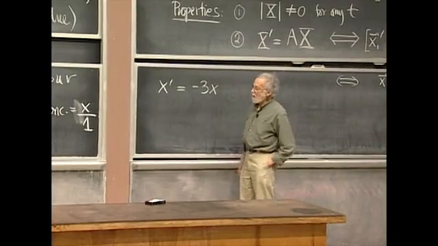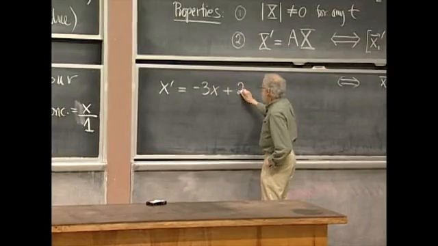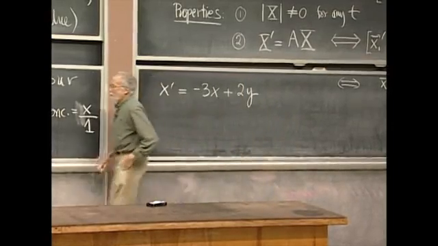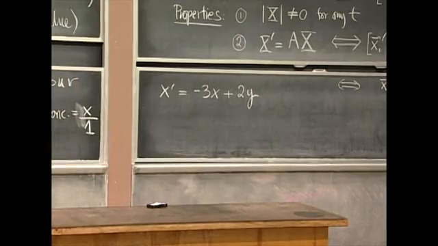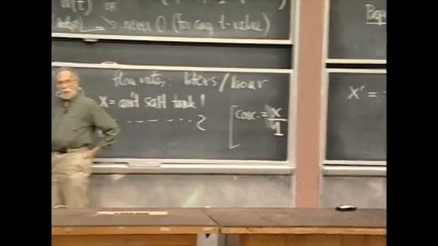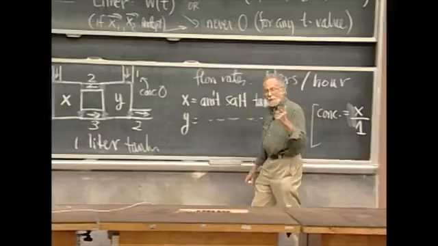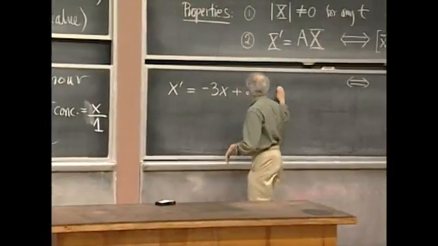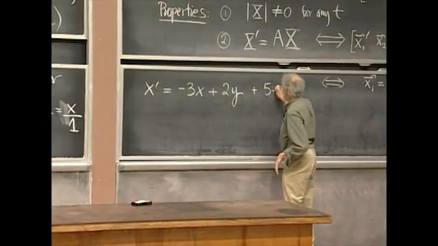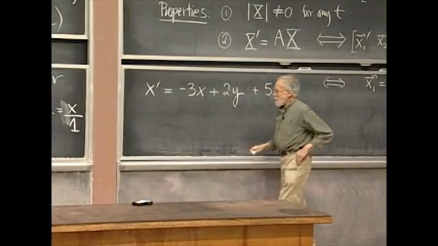That's what's going out. What's coming in? Well, 2y is coming in. The concentration here is y, 2 liters, plus what's coming in from the outside. So we have to add that in, and that will be plus 5e to the negative t. How about y?